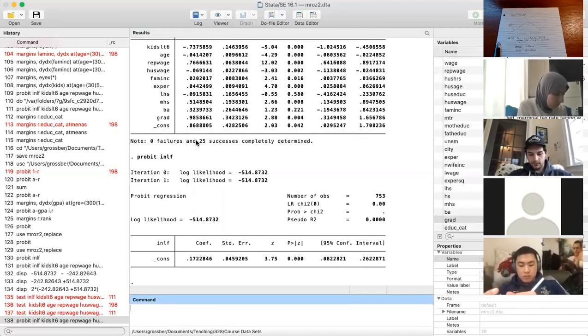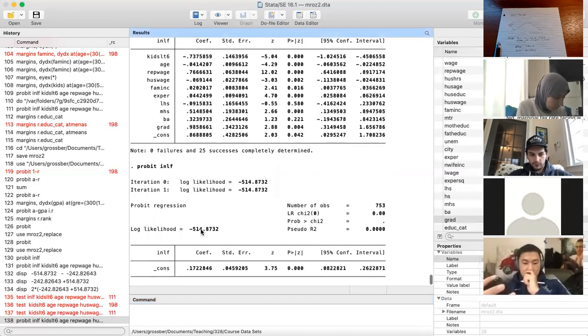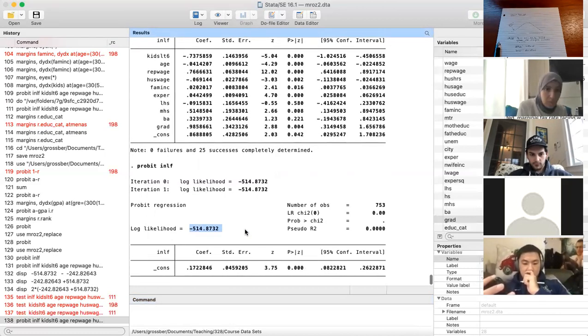And what I find is that when all of those independent variables are left out of the model, so the coefficients are all zero, the value of the log likelihood function is -514.